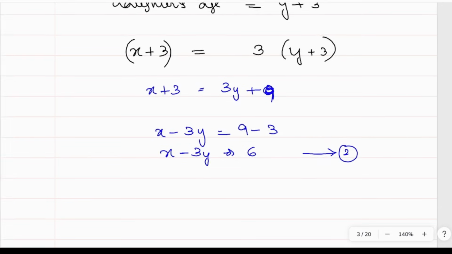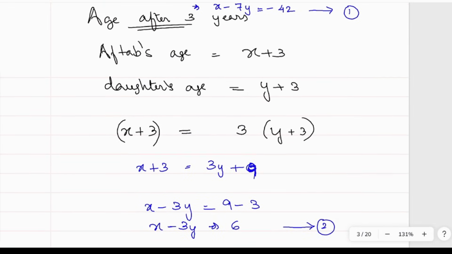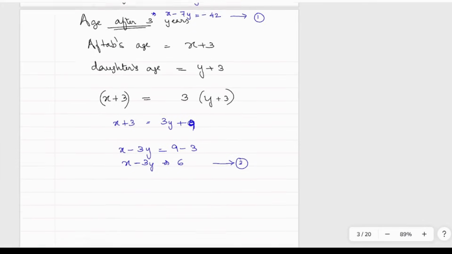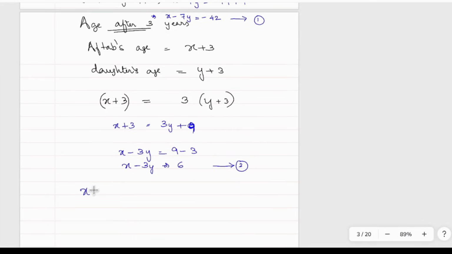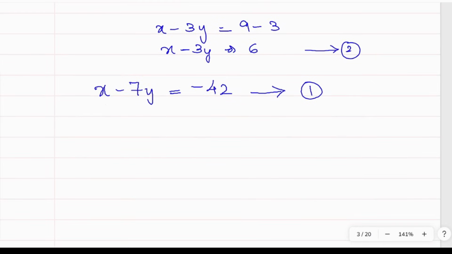Okay, so now I will have to copy these two equations. My first equation is x minus 7y equal to minus 42. This is my equation 1. And the next equation is x minus 3y equal to 6. This is my equation number 2. Now what I will have to do?